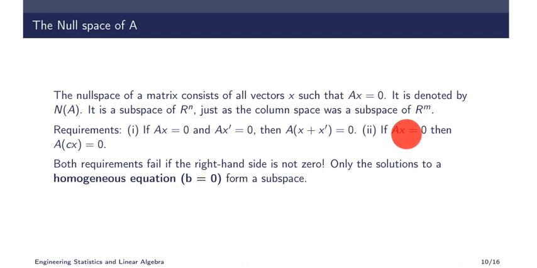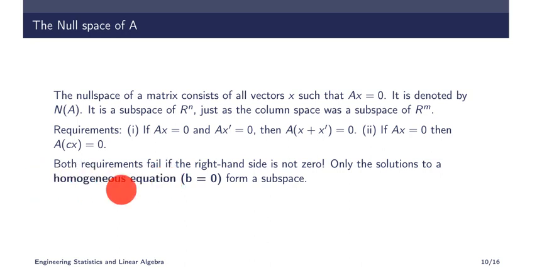Now scalar multiplication. Ax is equal to 0, then A into Cx will be C into Ax. Since LHS is 0, RHS is also 0, that will be 0 only. So multiplying also brings in the same subspace. So this both satisfies if and only if the B part should be 0. Such equations, Ax is equal to 0, are called homogeneous equations.